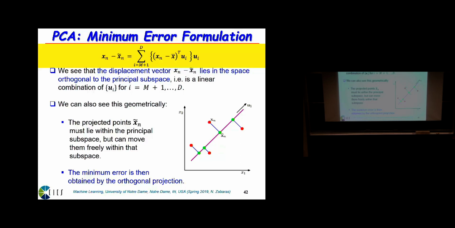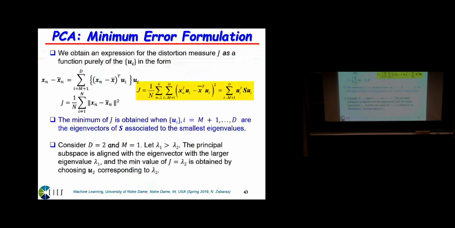So let's figure out what the U's are, to see if they're related at all to eigenvectors. This is what we had for xn minus xn hat. This is our error function. If we take this and plug it in there, there is a summation in n and a summation in the vectors ui that you see here.